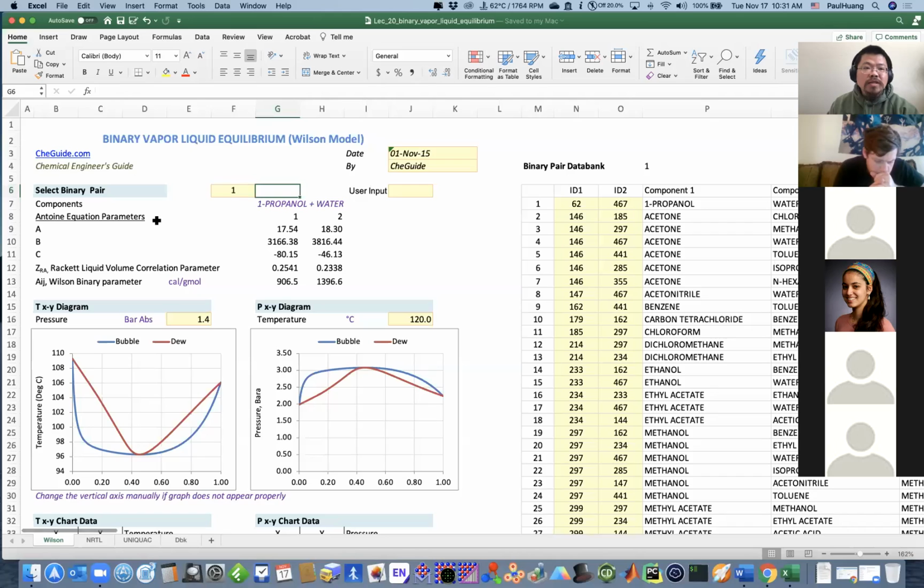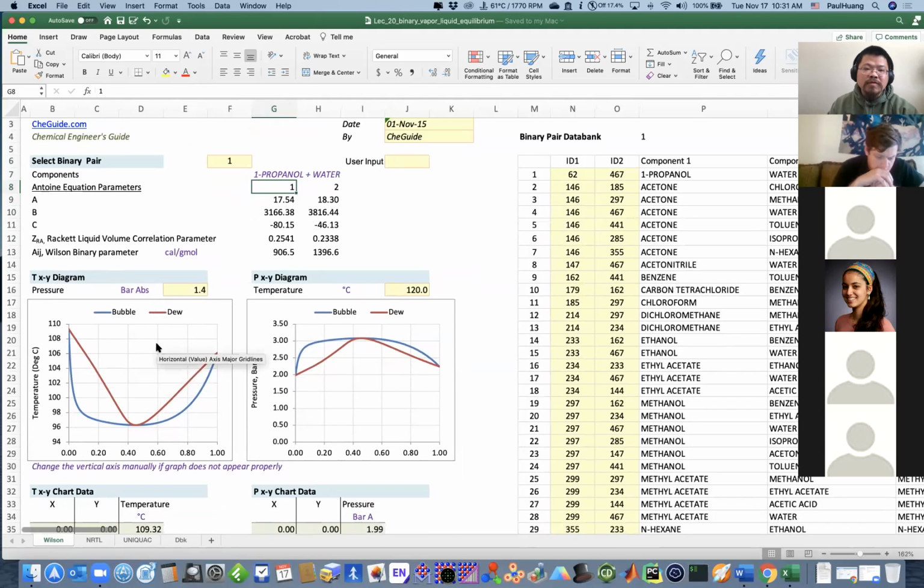This says if we need to select the pair, so this would be the composition, now using the Wilson model. Then first of all, you need to think about what's the theory of the Wilson model. Secondly, we need to identify this is the propanol versus water, right?